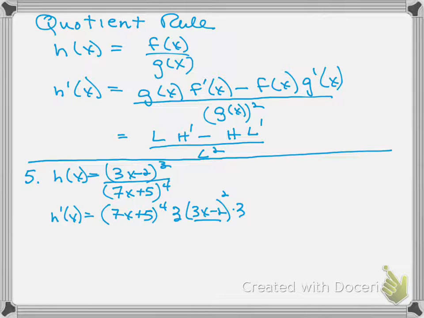So far I've done low d high minus high, 3x minus 2 cubed, d low. So that's bring the 4 down, 7x plus 5 is now raised to the 3, and then times the 7 inside.